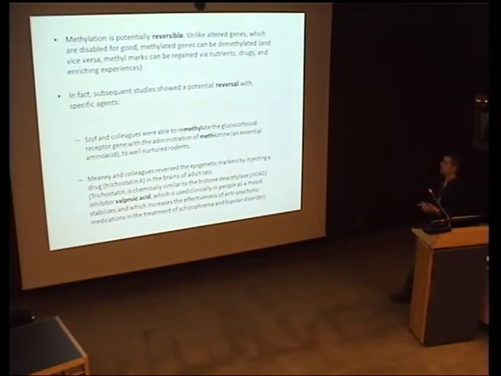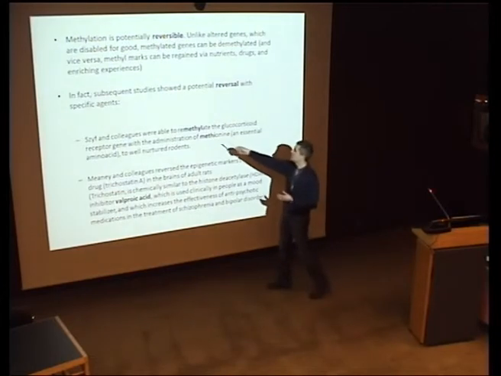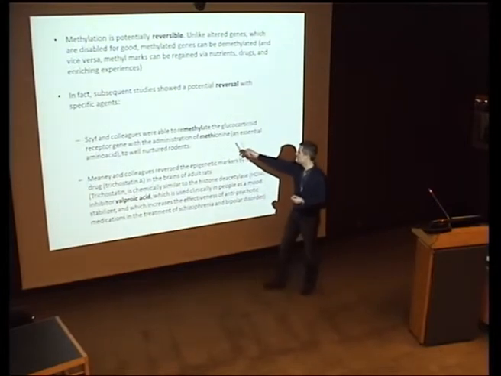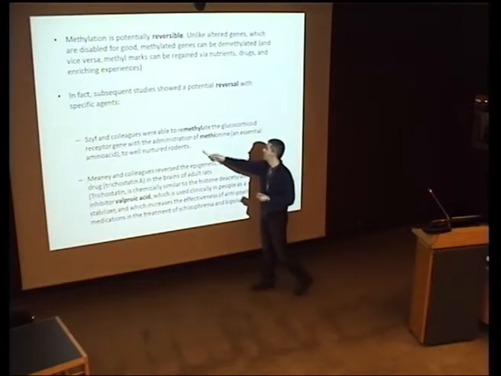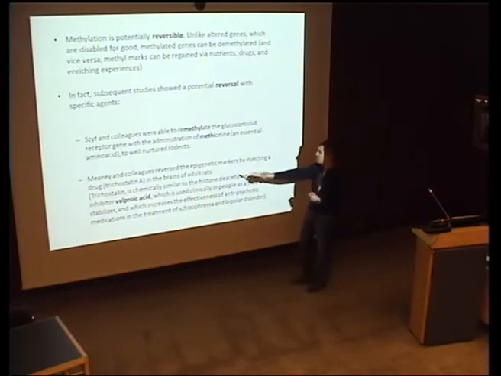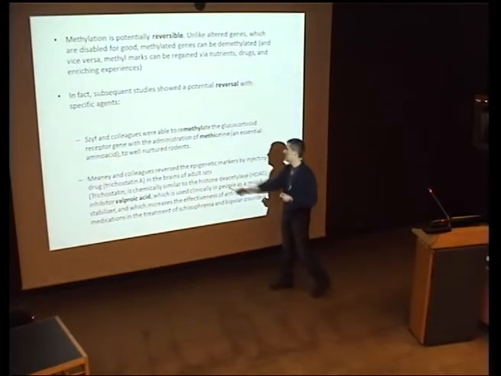In this particular case, Weaver and Meaney, for instance, Weaver was able to remethylate the glucocorticoid receptor gene with the administration of methionine, an essential amino acid that contains methyl, to well-nurtured rodents. Meaney reversed epigenetic markers by injecting a drug in the brains of adult rats.